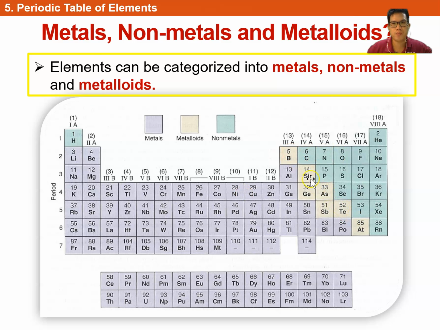Like the silicons, we use it in our computer chips. Semiconductors have both the metal and non-metal properties.